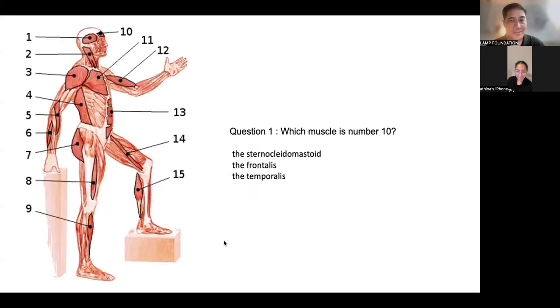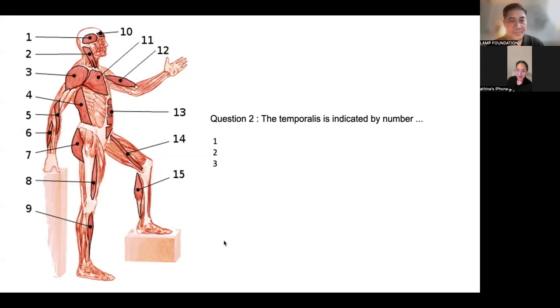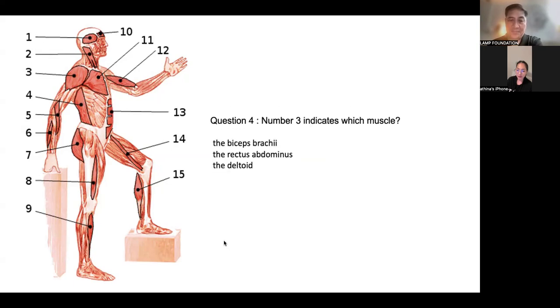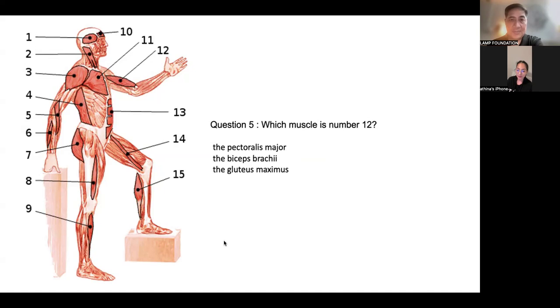Number 10, that is the frontalis. Temporalis, what number? Number 1. Sternocleidomastoid, number 2. Number 3, that's the deltoid. Number 12, that's the biceps brachii.